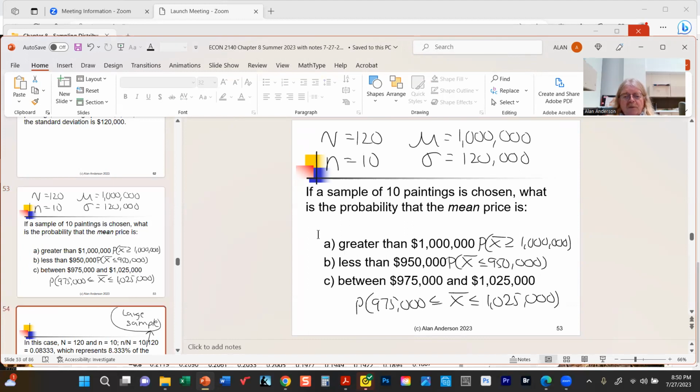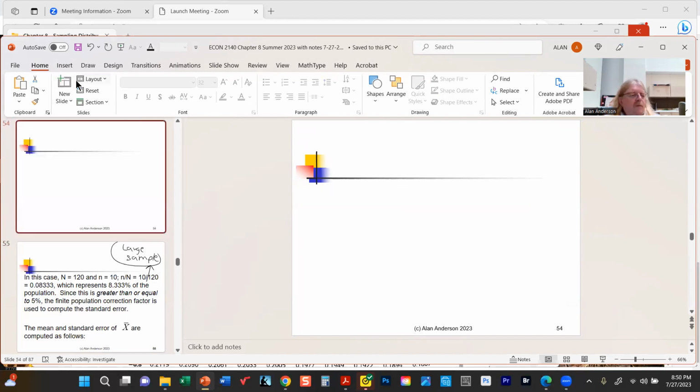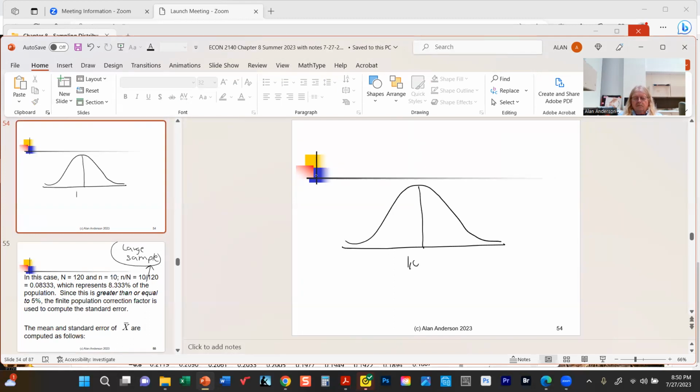Now, this first one is almost a trick question, okay? Because whenever you are asked to calculate the probability that a normal random variable is above the mean, no matter what the mean is, the probability of being greater than that mean is a half.